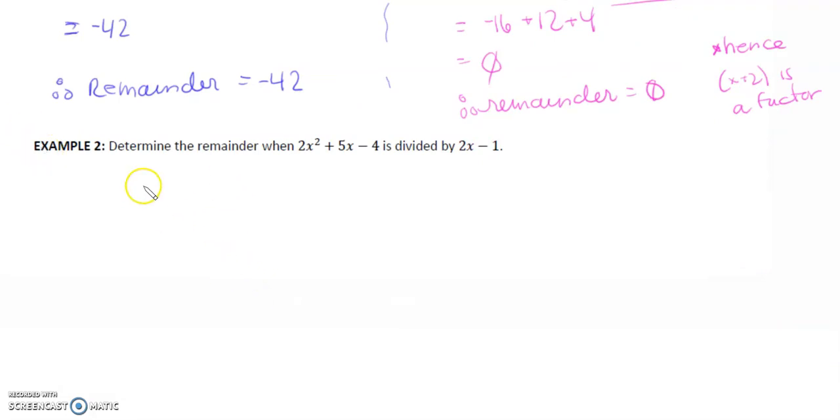Example 2. Determine the remainder when this function is divided by 2x minus 1. Just remember, for 2x minus 1, when we solve for the root, we want to equate this to 0. Bring over the negative 1, we get 1, and divide both sides by 2, we get x equals 1/2.